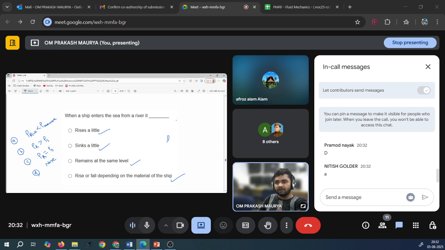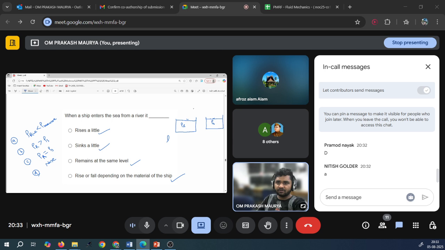So let me take two containers, and in one container I want to put river water, and here I want to put sea water. Let me drop the same thing. Let us suppose I am going to drop a ship made of plastic, some material, or let me draw it in another way, so hope you got it.